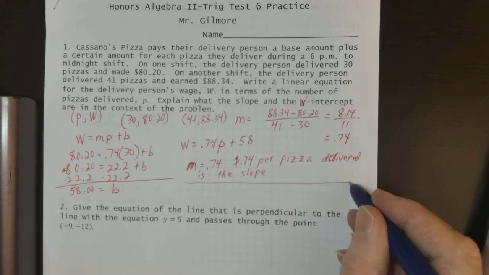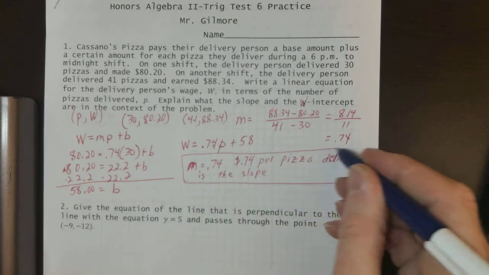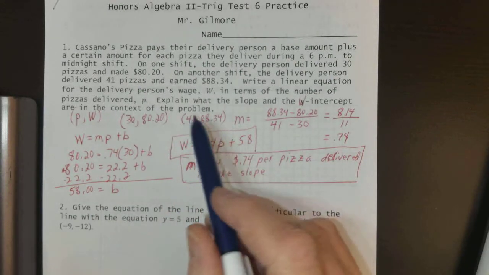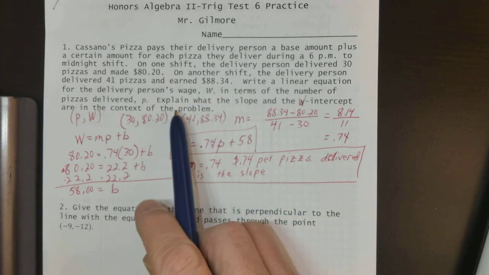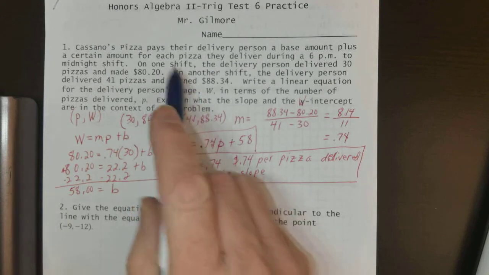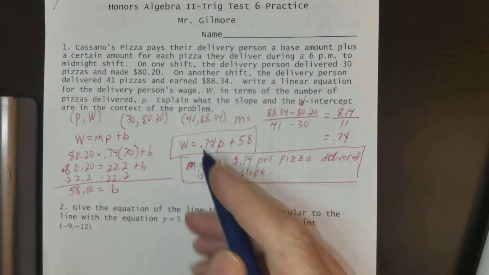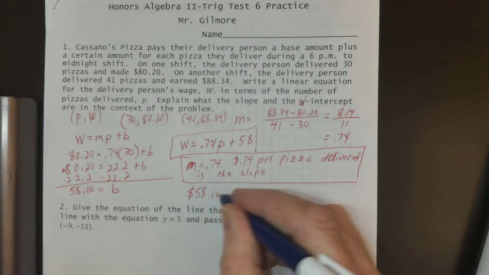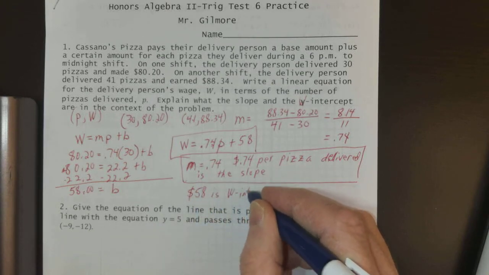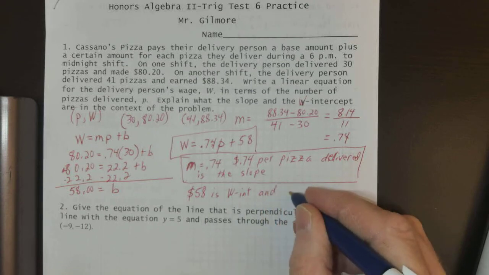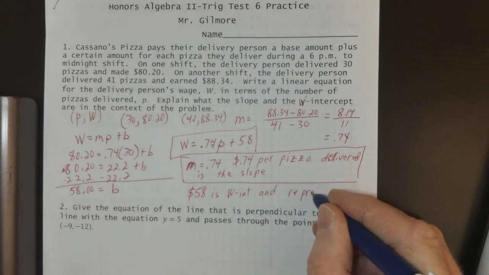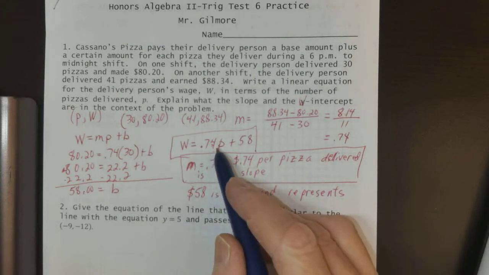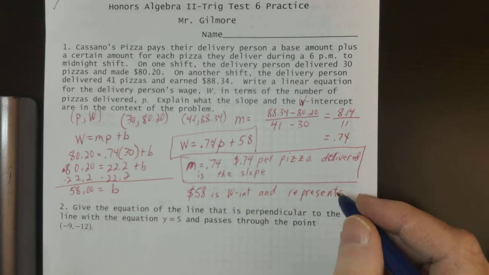And we also put around the equation here the W-intercept. Okay, that $58 is the W-intercept and represents the base amount. So he gets $58 for coming in, and then 74 cents addition for the pizzas he delivers.